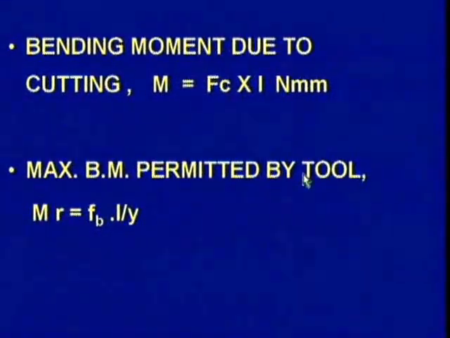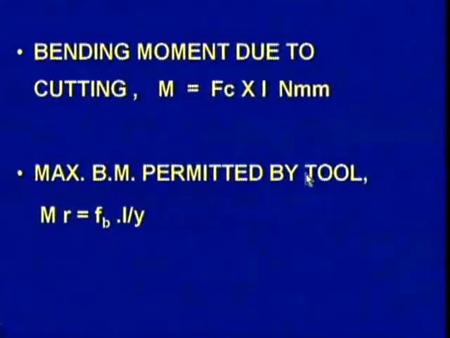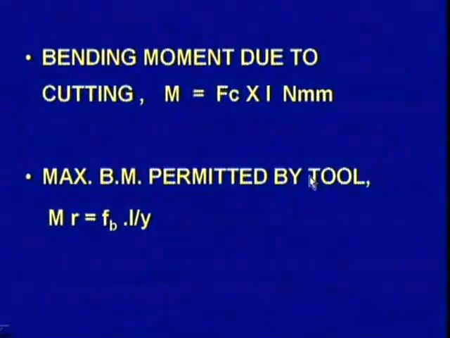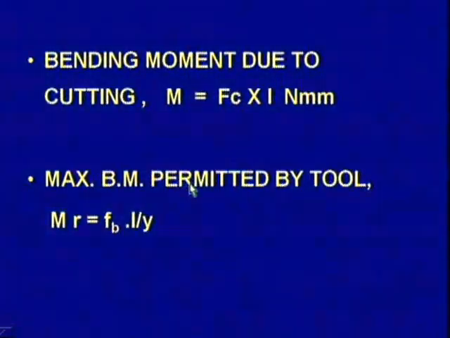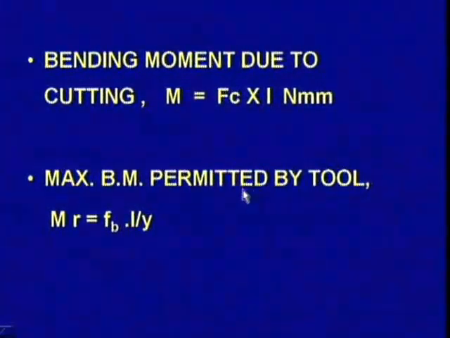Depending upon the material property, every material will resist the applied bending moment on the tool without failure. So that is called the maximum permissible bending moment. This is the material property. This maximum bending moment is MR, the bending moment resisting.